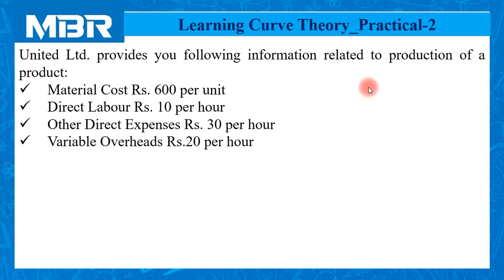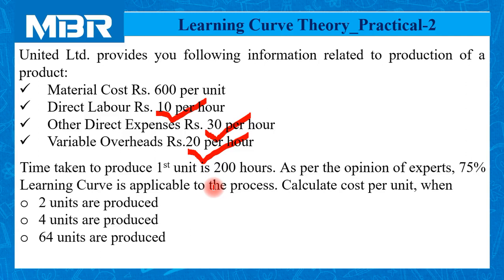Here we need to understand that material cost is given per unit, while labor, other direct expenditure, and variable overheads are all given per hour.